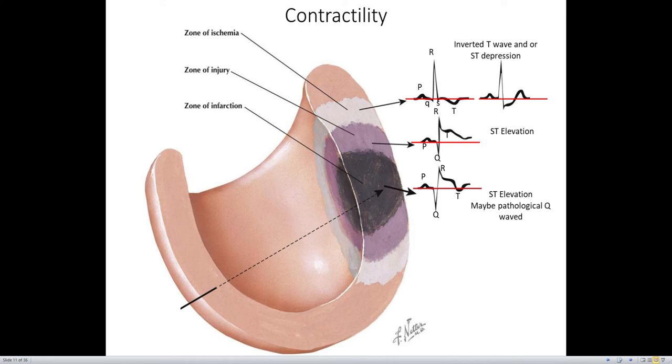So when we're looking at ischemic tissue, if we don't deal with that ischemia, if we don't improve the blood flow, for example, get rid of the blood clot that's formed or open up the atherosclerotic lesion, then that tissue is going to become injured.